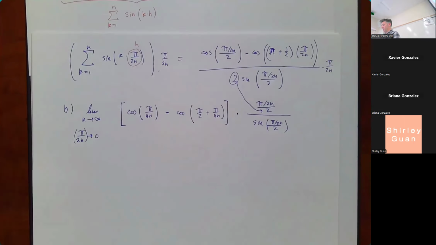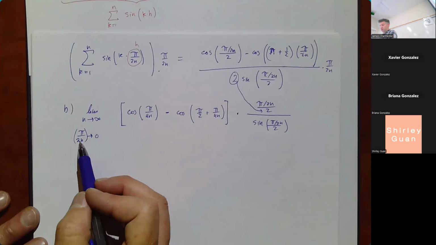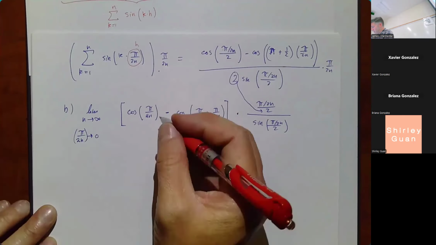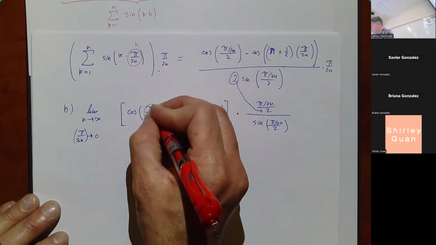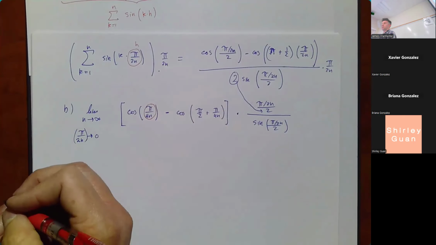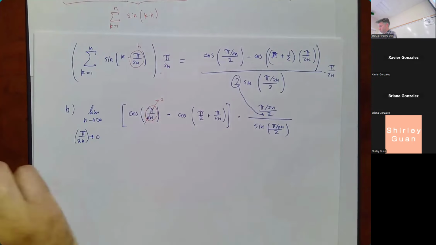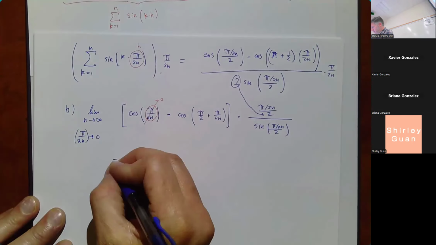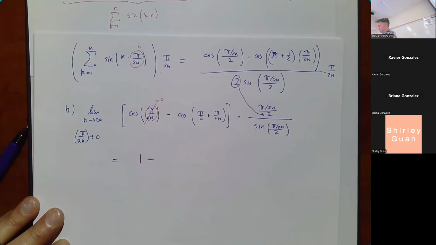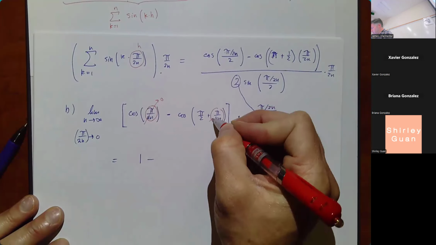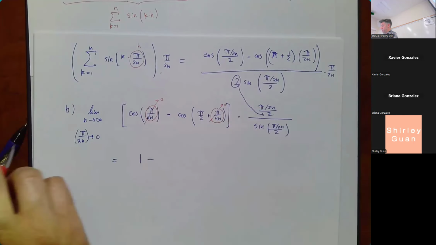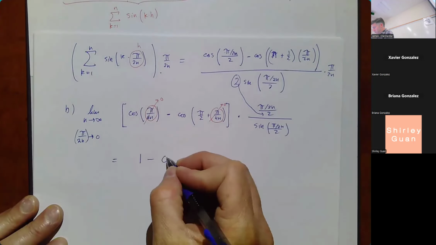So, letting n go to infinity, or pi over 2n go to 0, what happens to pi over 4n? It goes to 0. What's cosine of 0? Cool. How about here? Pi over 4n goes to 0. And what's cosine of pi over 2? Cool.